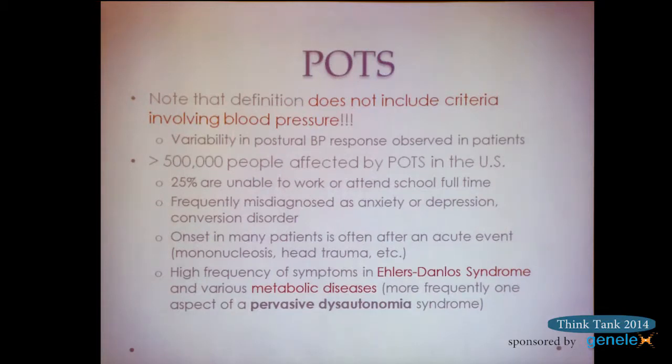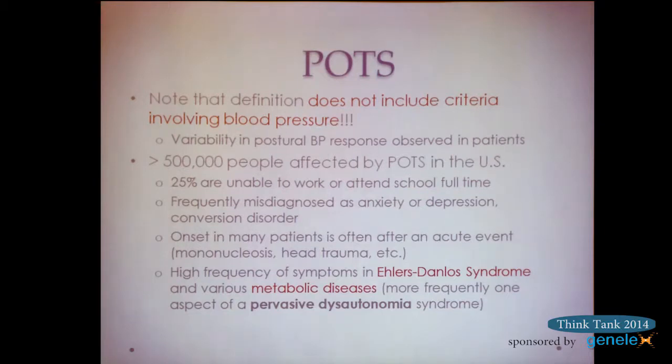Probably a gross underestimate, since it's very underdiagnosed in our society, is that greater than 500,000 people are affected by POTS in the US. At least 25% are unable to attend work or school full time. And it is frequently misdiagnosed as anxiety or depression. Conversion disorder comes up a lot, especially in our female patients. The onset in many patients is often after an acute event, surgery.